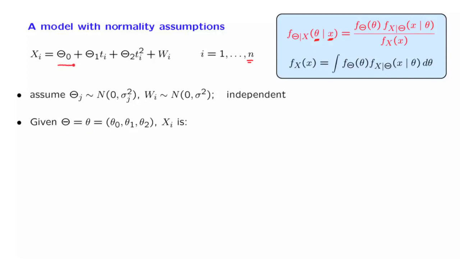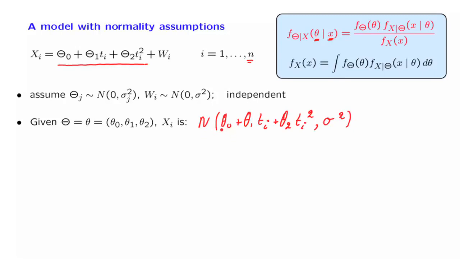This quantity is now a constant, and we have a constant plus normal noise, so xi is this normal noise whose mean is shifted by this constant. So xi is going to be a normal random variable with a mean of theta 0 plus theta 1 ti plus theta 2 ti squared, and the variance equal to the variance of wi.